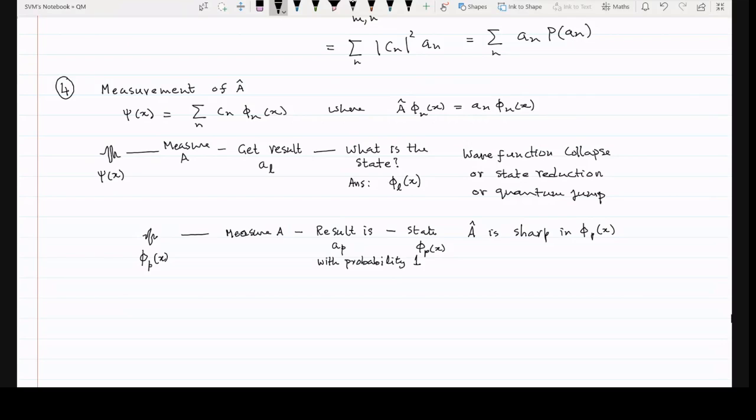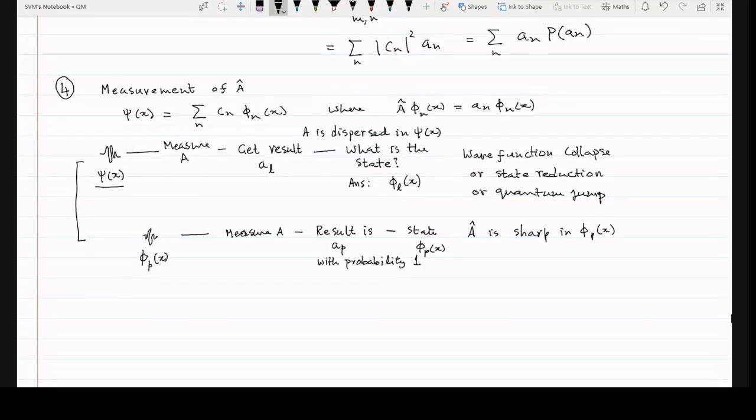Now compare this situation with the other one. Here you have an arbitrary state psi of x, and you measure A and get a result AL. This AL can be A1 or A2 or A3, anything, because you don't know what the result will be, since A is dispersed in psi of x.